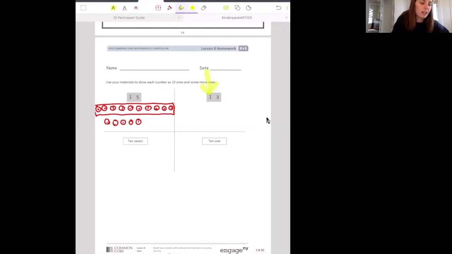I want you to draw 10 hearts. 1, 2, 3, 4, 5, 6, 7, 8, 9, 10. Now I'm going to put another rectangle around this because that is one group of 10. And I want you to look over in the ones place to tell me how many ones you see in the number 13.